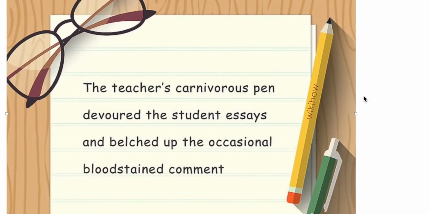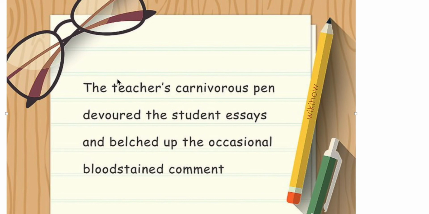Another example, the teacher's carnivorous pen devoured the student essays and belched up the occasional bloodstained comment. This is well written. We are comparing the teacher's pen into a monster, and that when it writes the comment, it is bloody, meaning it's harsh.